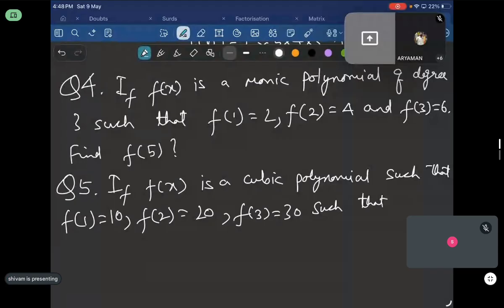Find f of 12 plus f of minus 8 upon 10. Solve.